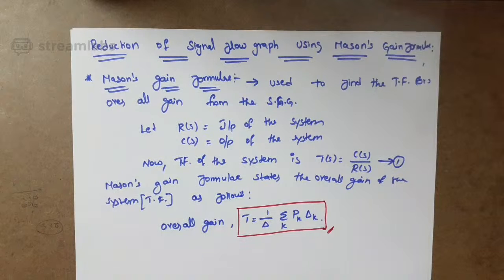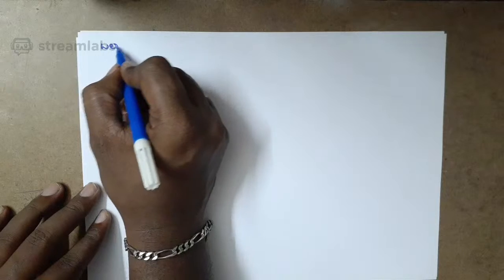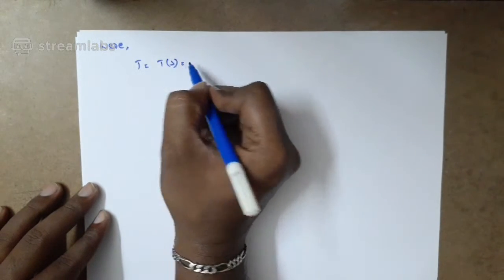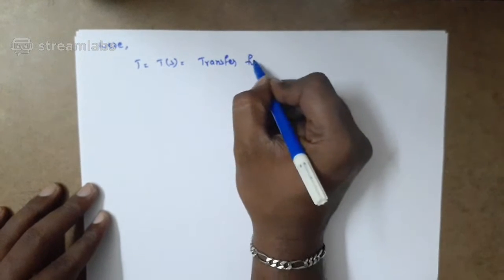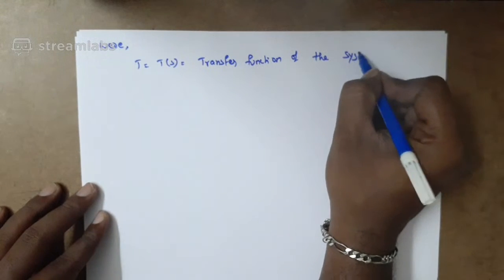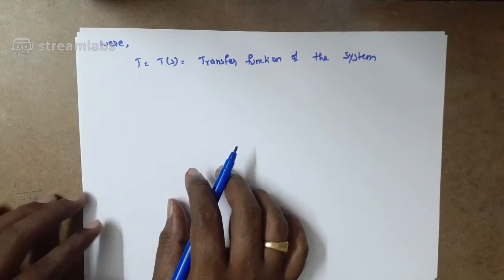Okay, now we are going to see what these things are. Where T, that is T of S, is the transfer function, the overall function of the system.